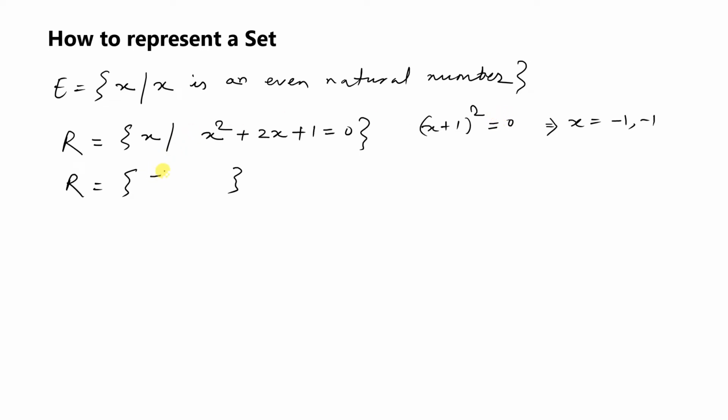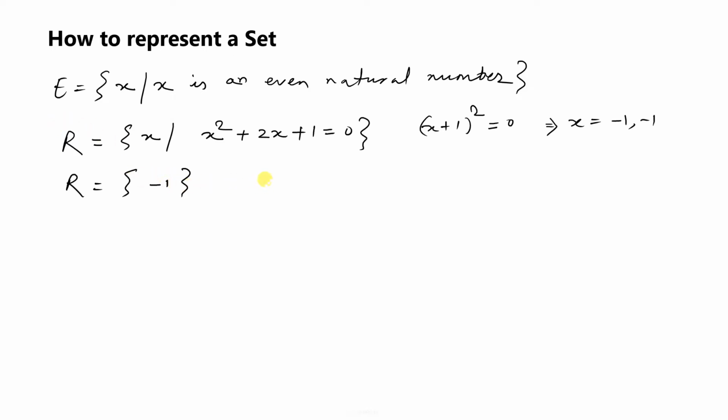If I write it down here, minus 1 and minus 1. But what I told you, the elements are never repeated in the set, so it will be only minus 1. Is it correct? Any doubt? Okay, so this is R written in the set builder method, and the same is written in the tabular method as minus 1.